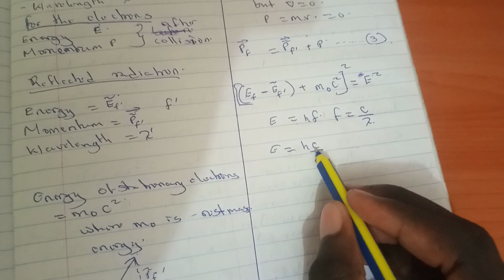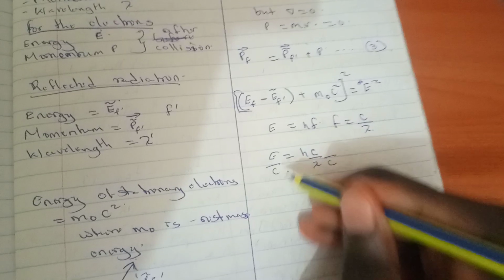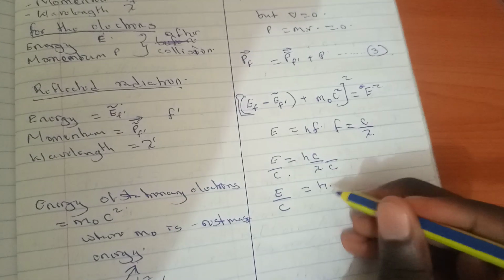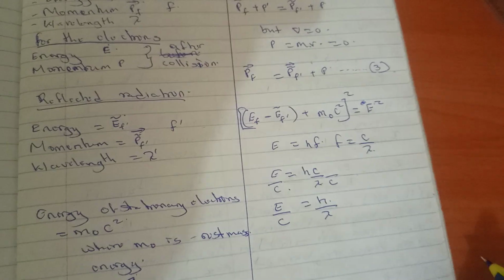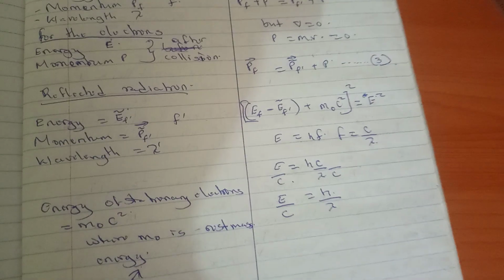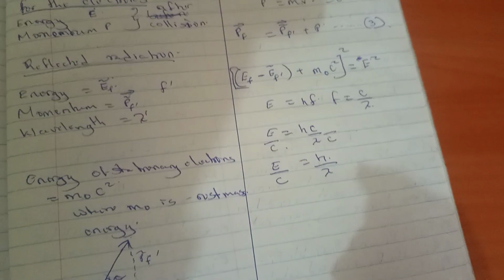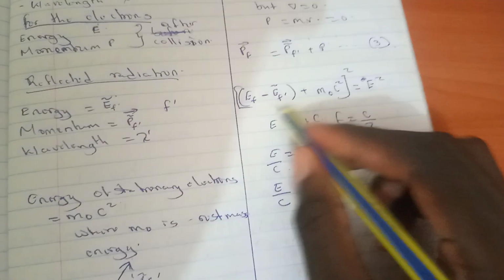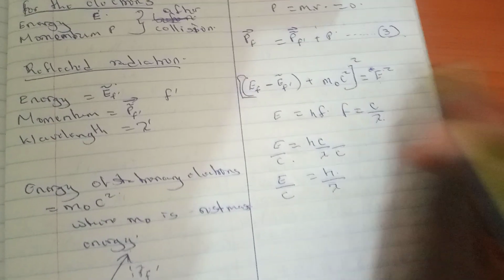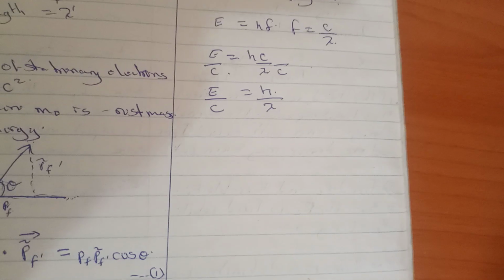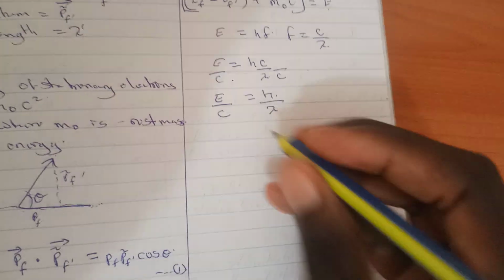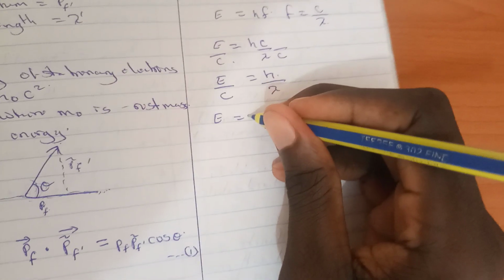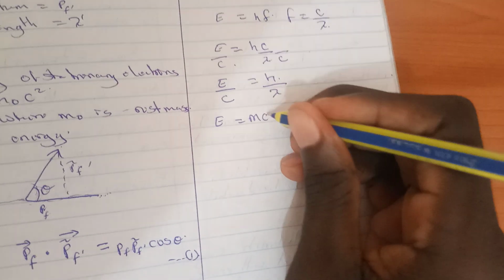If we divide here by c, we see that energy over c is equal to h over lambda. Are we together? So this is what we are getting now, but we want to represent this in terms of momentum. Okay, let's continue. We know that energy is equal to mc squared.